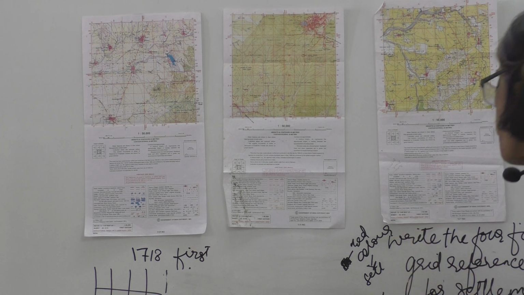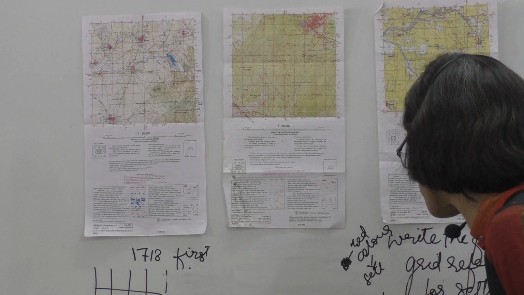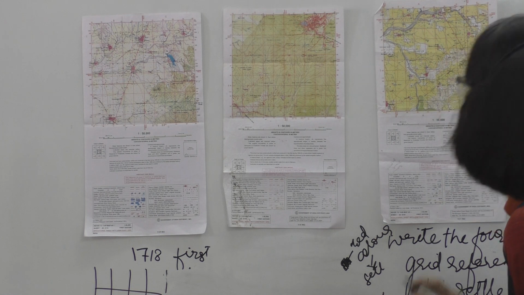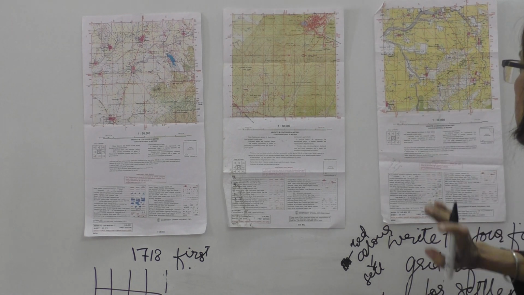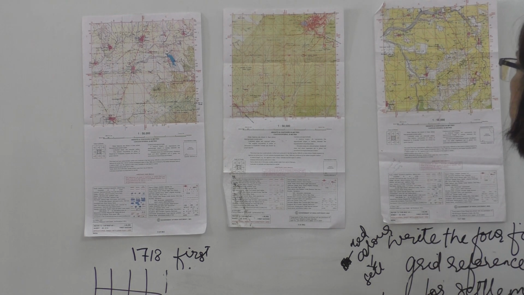They also accept it if you write 06, 04, because the settlement is on the line. So you can also do that in case the settlements are there. Settlement is one commonly asked question in grid reference.